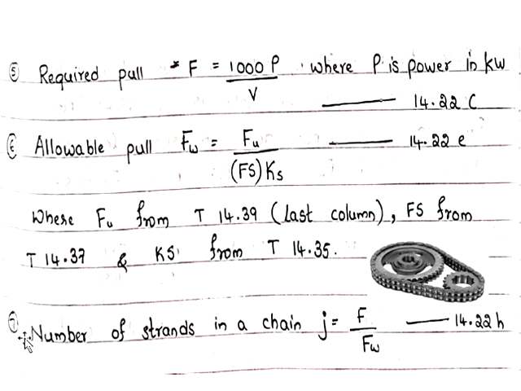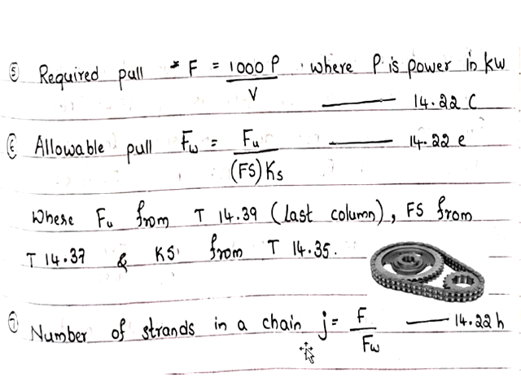Step number 7. Find out the number of strands in a chain using the equation J is equal to F by Fw. Here F is from step number 5 and Fw from step number 6. Divide F by Fw. You will get the number of strands in a chain. This is equation number 14.22h.